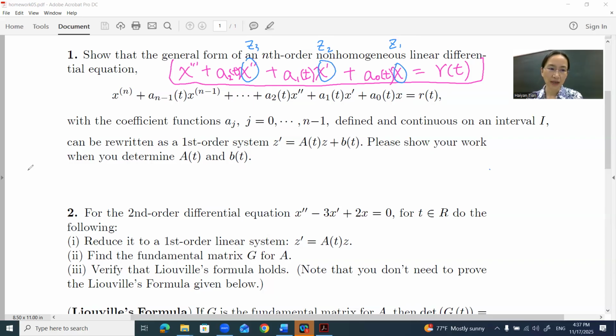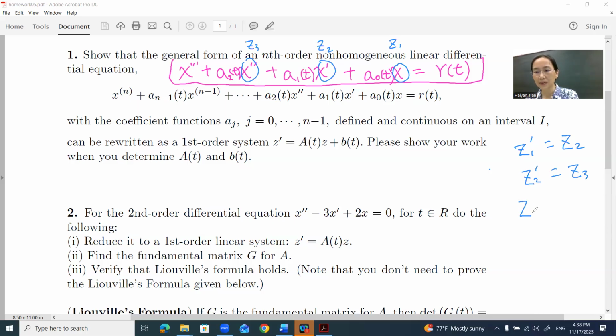And this x, you do not have to rename it, that's unknown. But for consistency, we also consider x as one unknown, we can call it z1. So we can see that z1, z2, z3 are related because z1 derivative is z2, right? z2 derivative is z3.